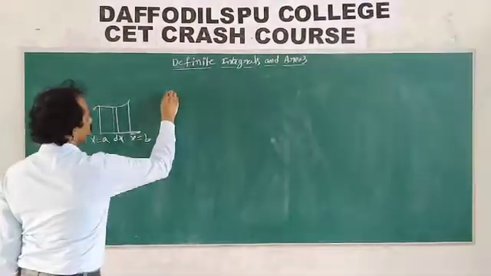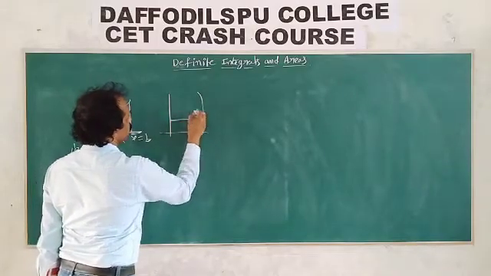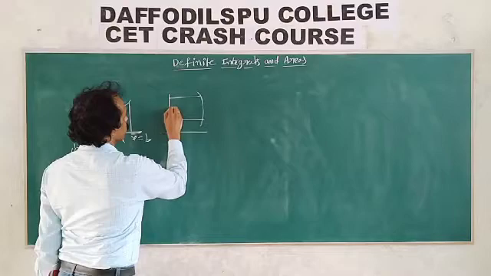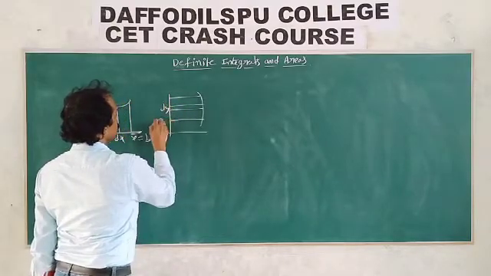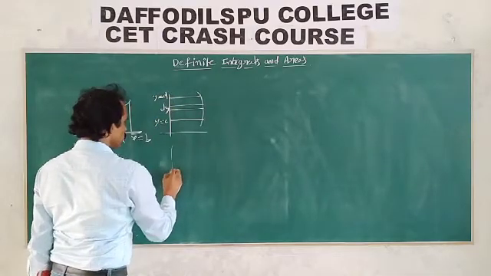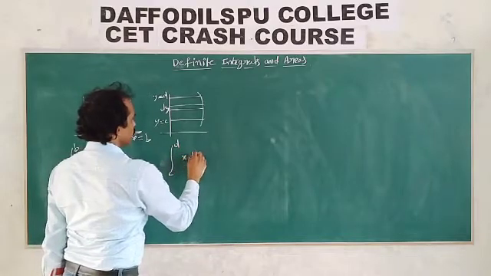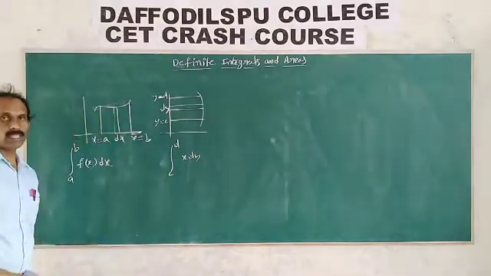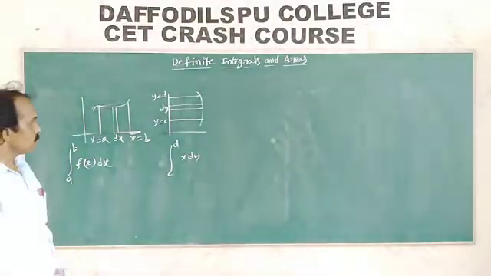Or like this, to find this value, it is nothing but dy, y is equal to c to d. Therefore the integral from c to d of x dy. With respect to the x limits or y limits, there are two types.